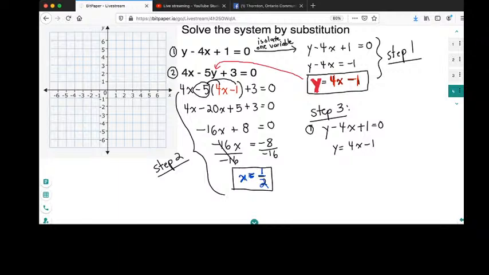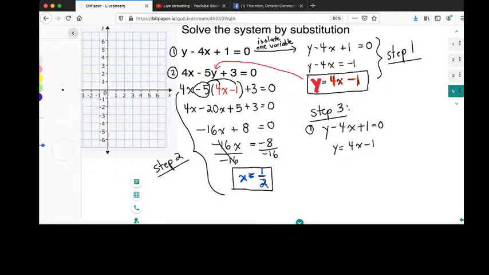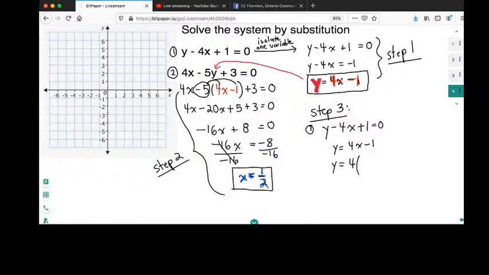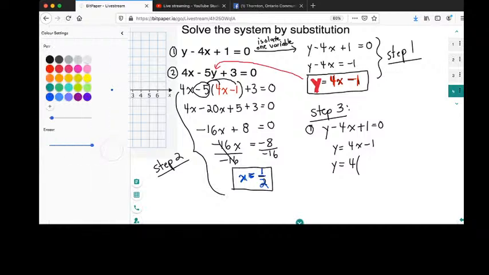In this question, instead of the letter x, I'm literally going to plug in a half. So y equals 4 times 1/2 minus 1. Very good. So 4 times a half is 4 times 1 divided by 2, which is 2, minus 1. So y equals 1.